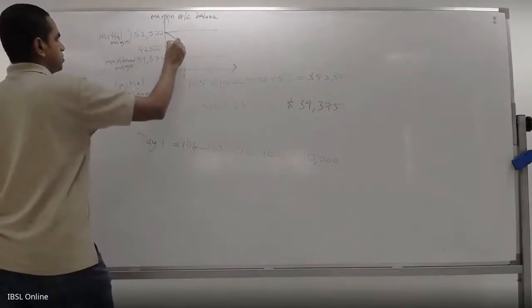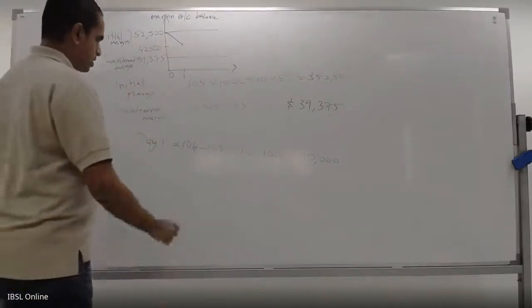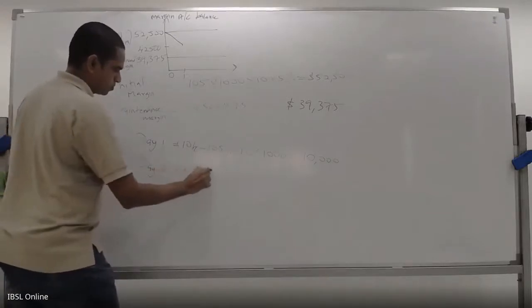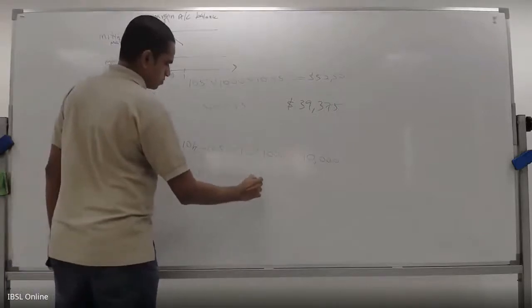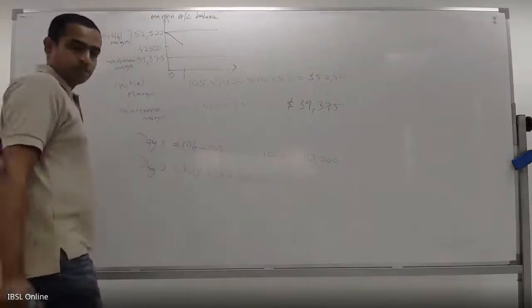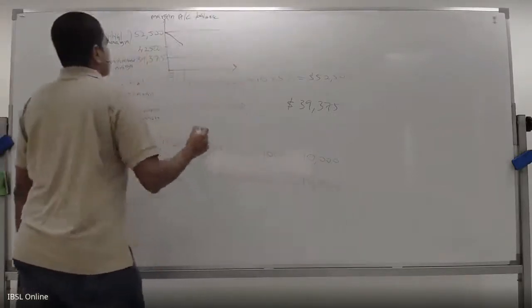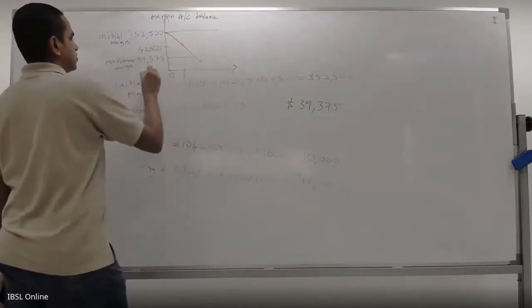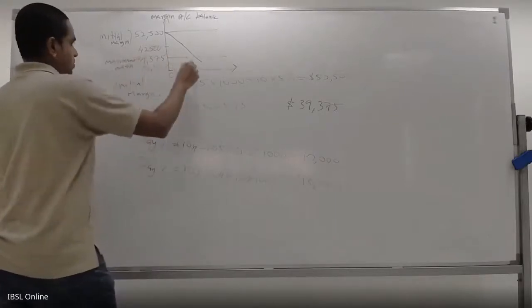On day 1. Next, 103, which is another $10,000, meaning it comes to 32,500 on day 2.